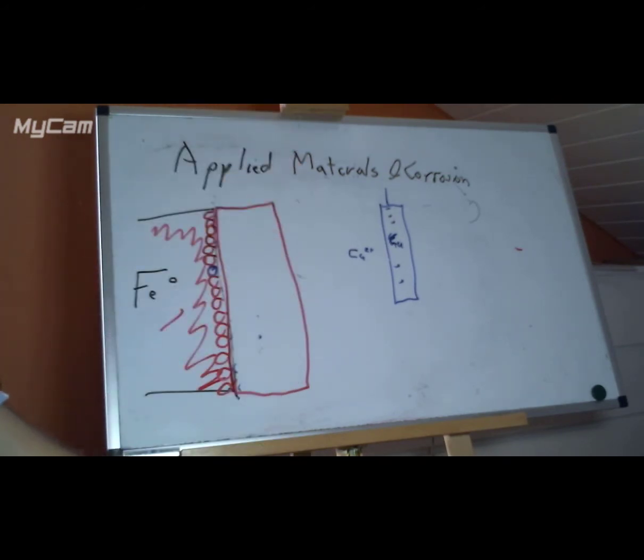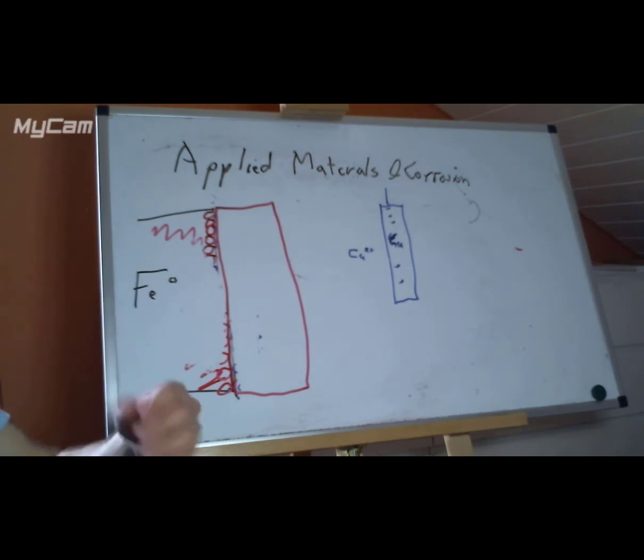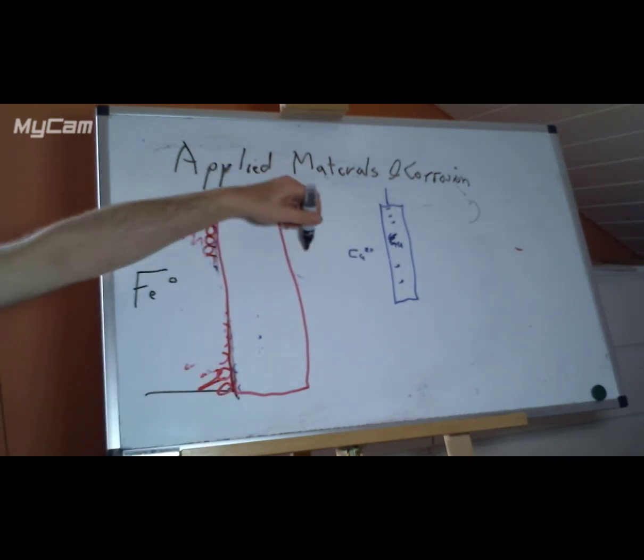And so we could draw a graph of the oxidation potential across our sample. Let me rub out some of the inside of the sample so that it's not in the way. So if we imagine the most oxidizing to be out here, that would be the oxygen, and that's constant obviously.